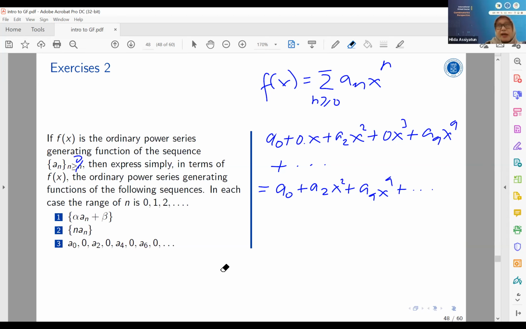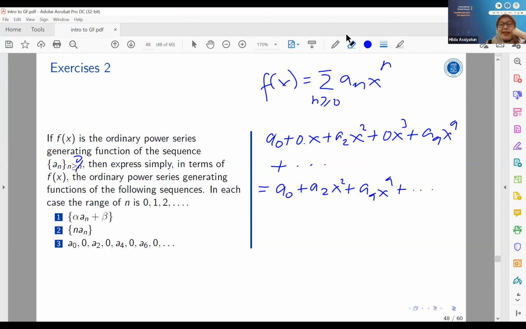Ma'am, I think f of 2n, because all are even: when n is 0, we get a0, when n is 1, we get a2 and a4. Any other suggestion? I'm not sure I understand your answer, Fatima.